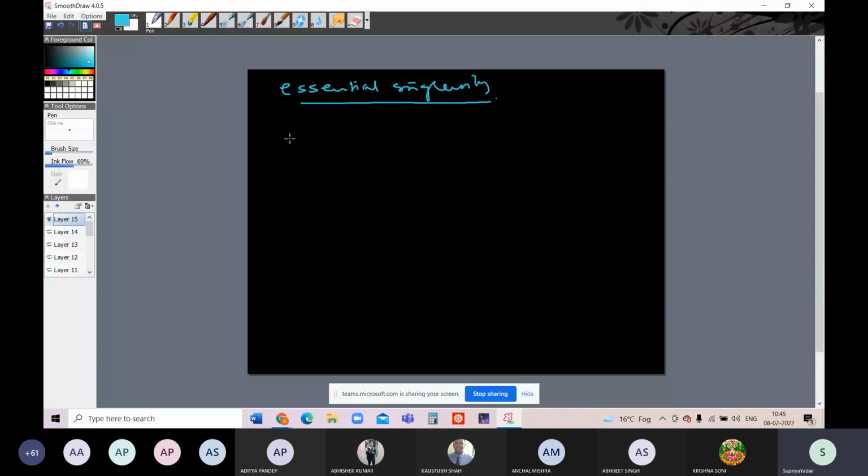For example, if we have a function like e^(1/z), then when we write its Laurent series about the point z = 0, it will be 1 + 1/z + 1/(2! z^2) + 1/(3! z^3) and so on. The principal part is the part containing the negative powers of z.